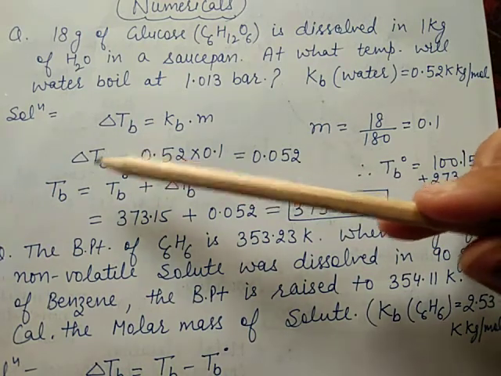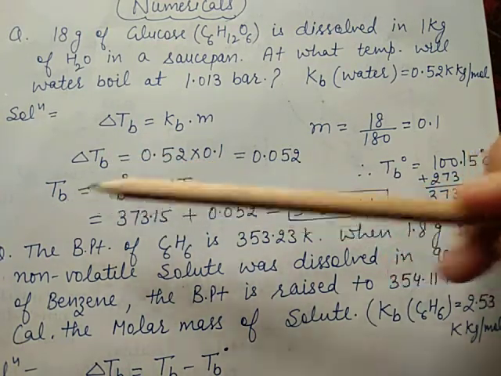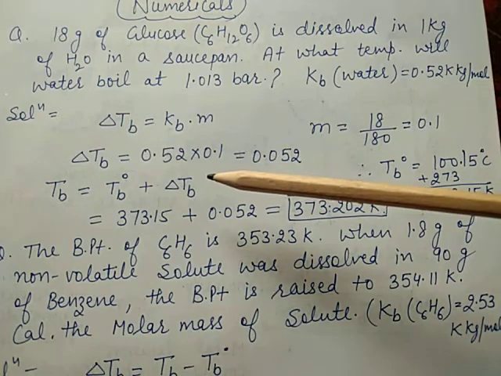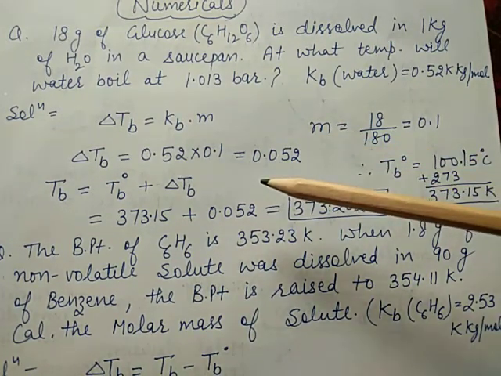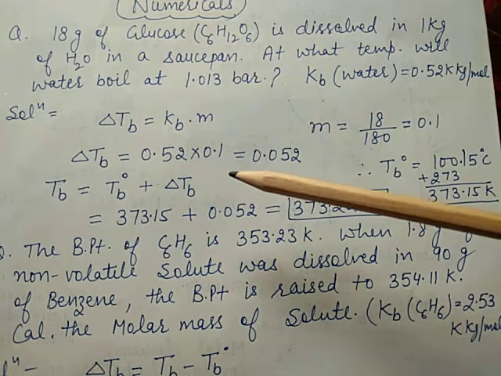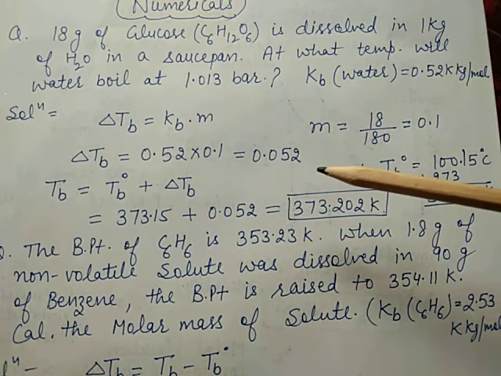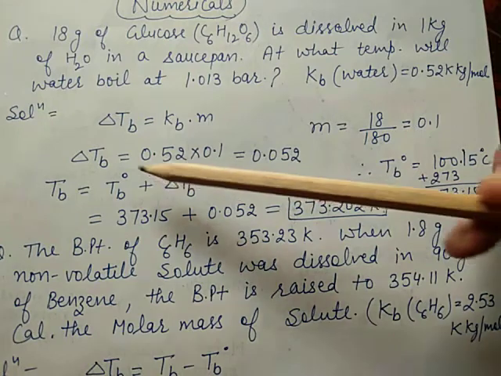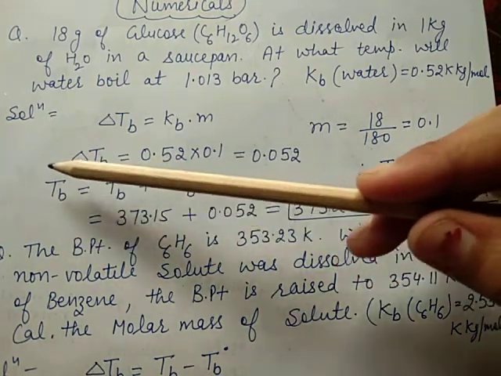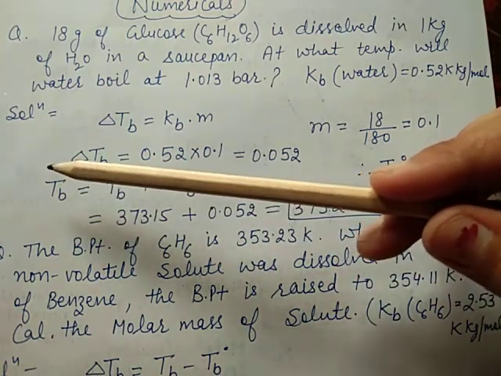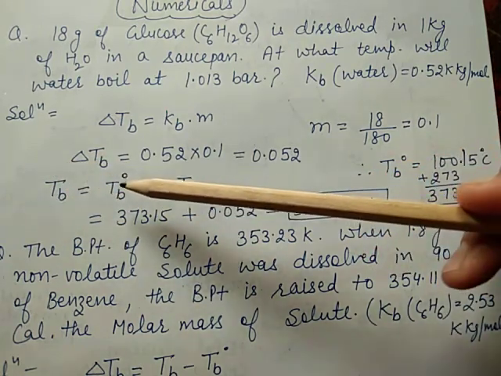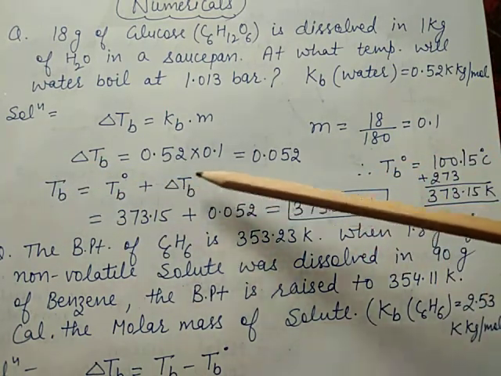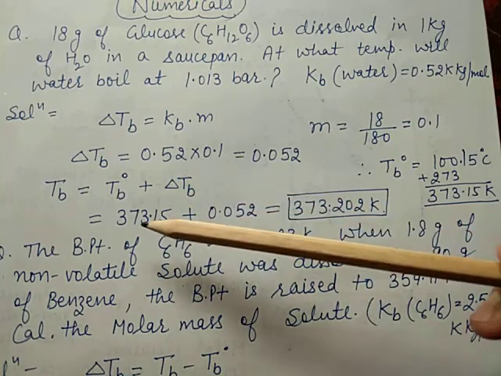After calculating delta Tb, delta Tb is equal to Tb minus Tb naught, the difference between the boiling point of solution and the boiling point of pure solvent. After that we can calculate the boiling point of solution, which is equal to pure solvent plus elevation in boiling point.